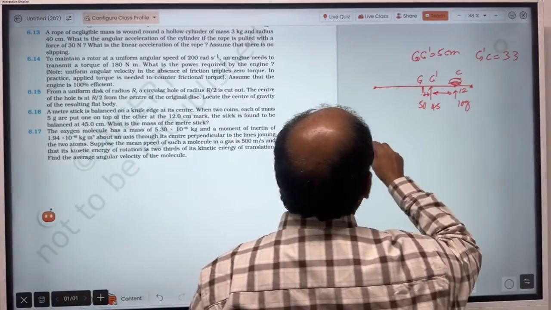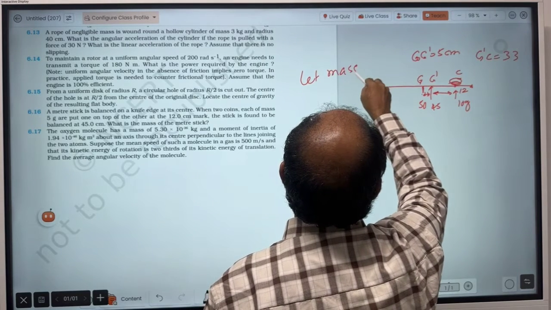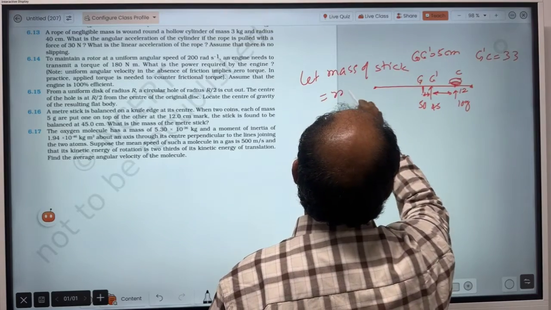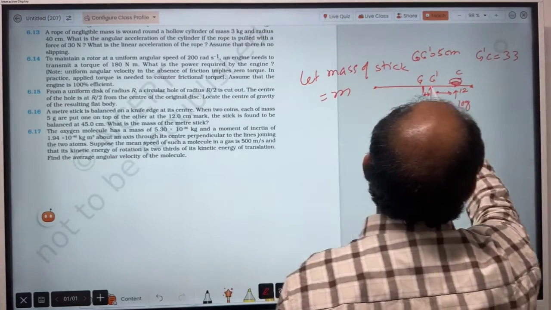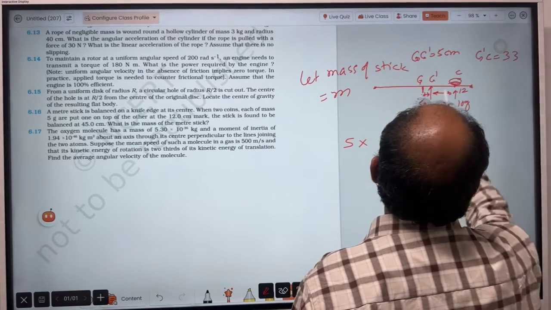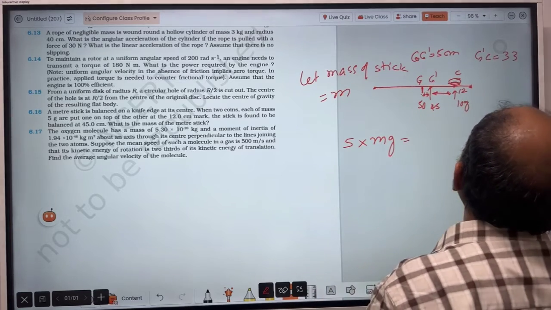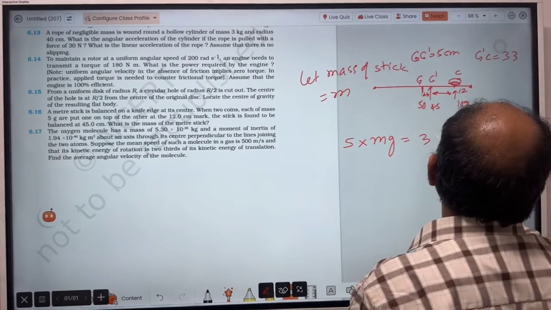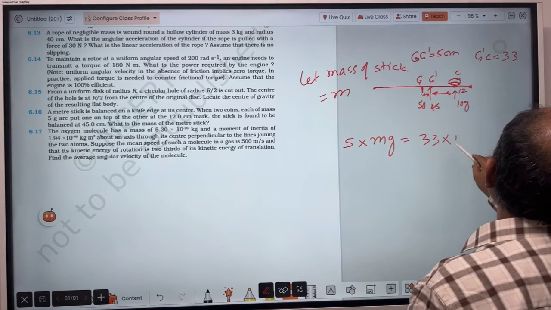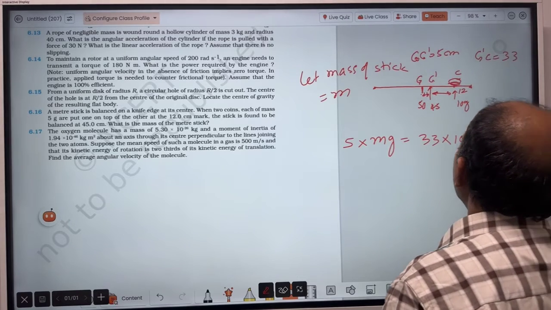So we write, let mass of stick is equal to small m. So when we take moment about this point, we write 5 centimeter into mass of a stick into g must be equal to 33 centimeter into mass of this, 10, into g.